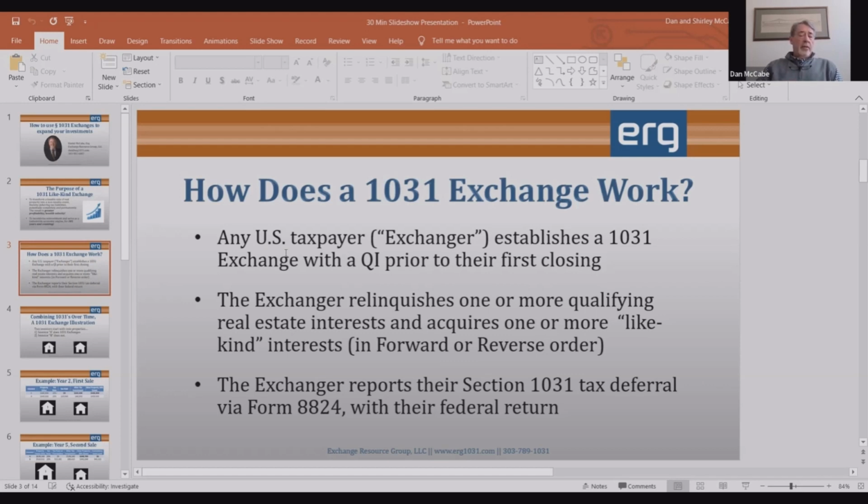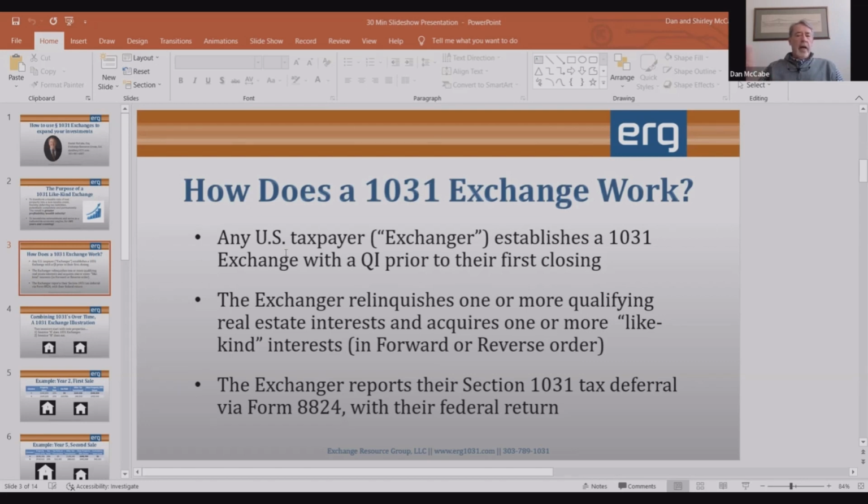We're going to talk about the rules, and I'm going to explain to you why the rules become so important. When you sell a piece of property, that closing entity, title company, real estate attorney, whoever it might be, is going to inform the Internal Revenue Service that you just made X number of dollars. When you complete your 1031, your tax preparer is going to file along with your return what's called an 8824.